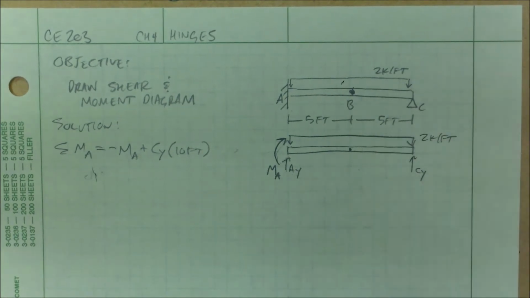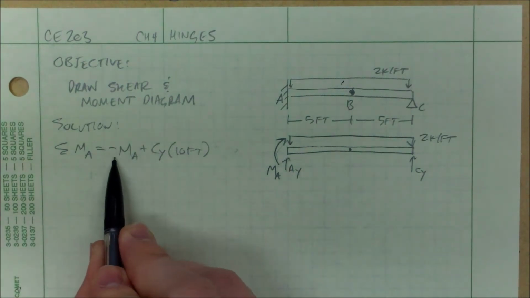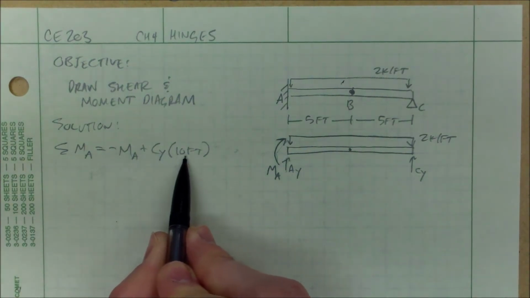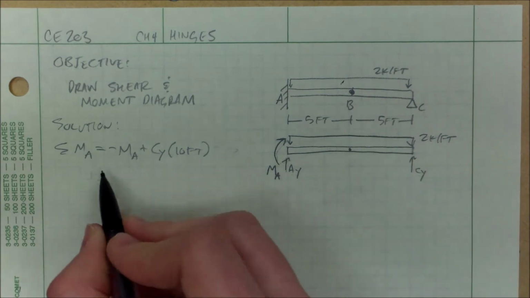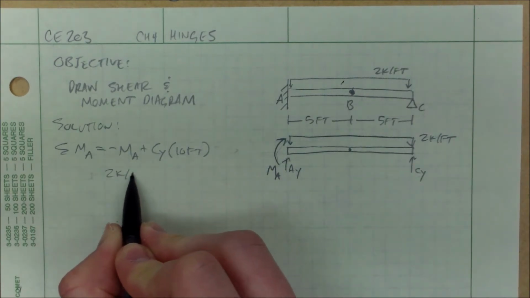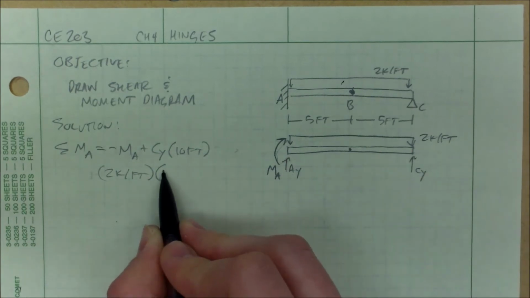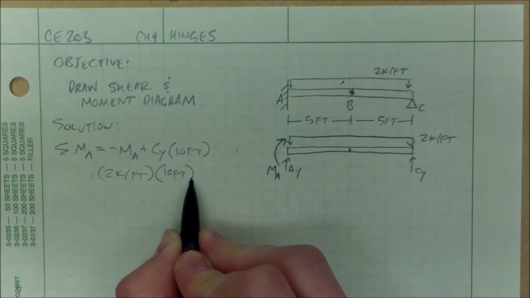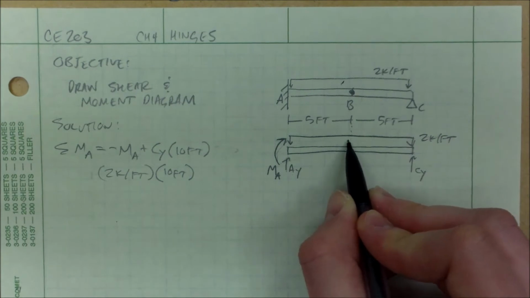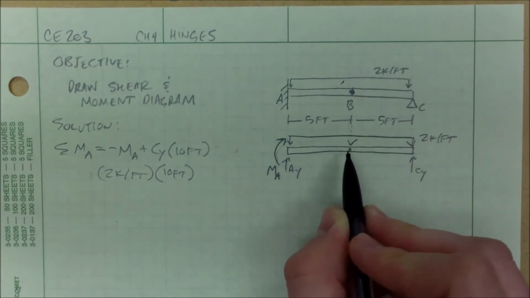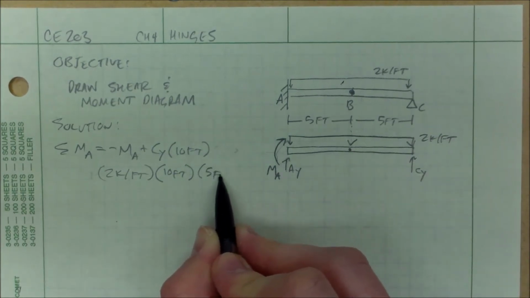That's actually a common mistake, and your TA made it, so watch out for that. Okay, negative MA, CY, 10 feet, and then here I have my distributed load times the distance it's applied, and then it's acting as though it's right here in the middle, so my moment arm is 5 feet.